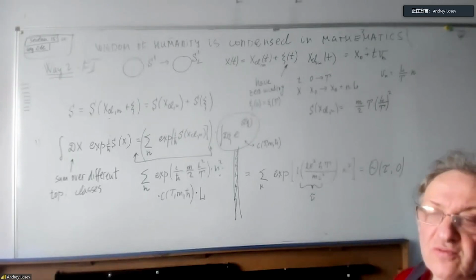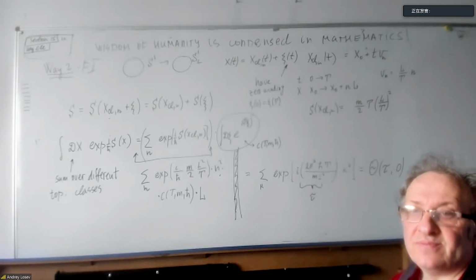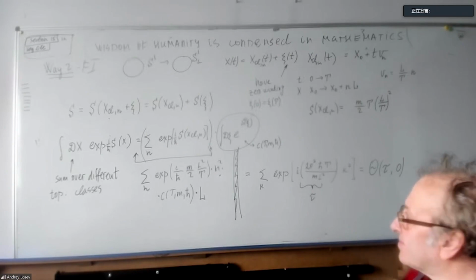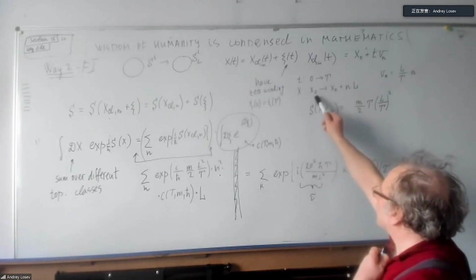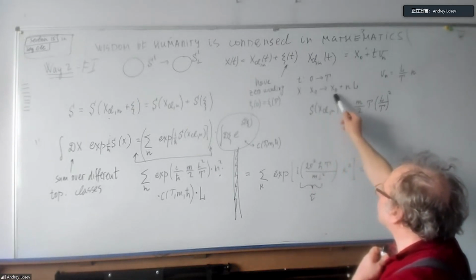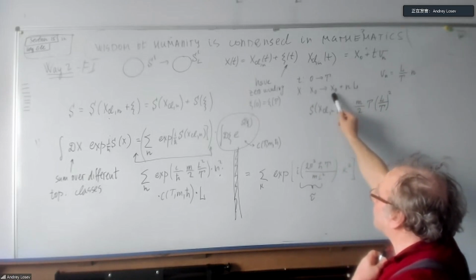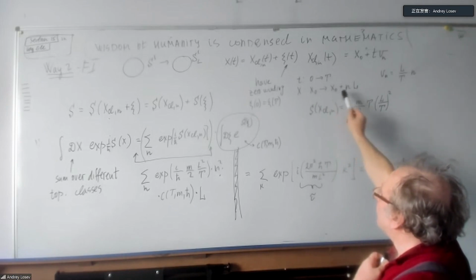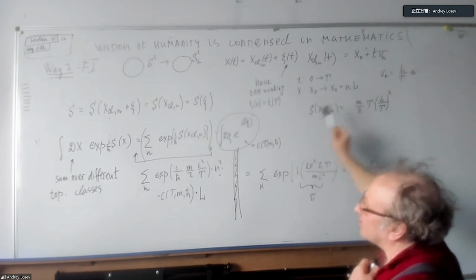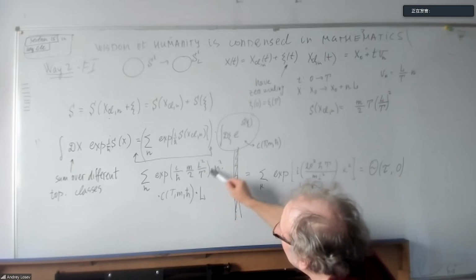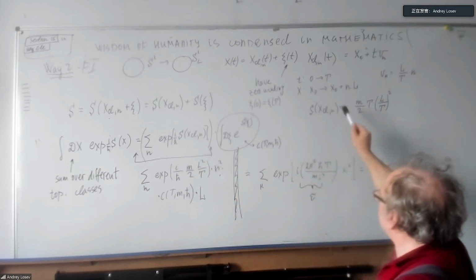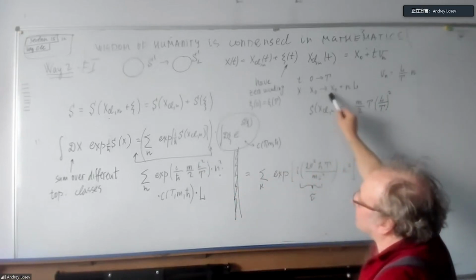Because we integrate over x naught. Classical trajectories have two parameters, a discrete parameter n and a continuous parameter x0. We sum over the discrete parameter, it is here. But we also need to integrate over x naught.